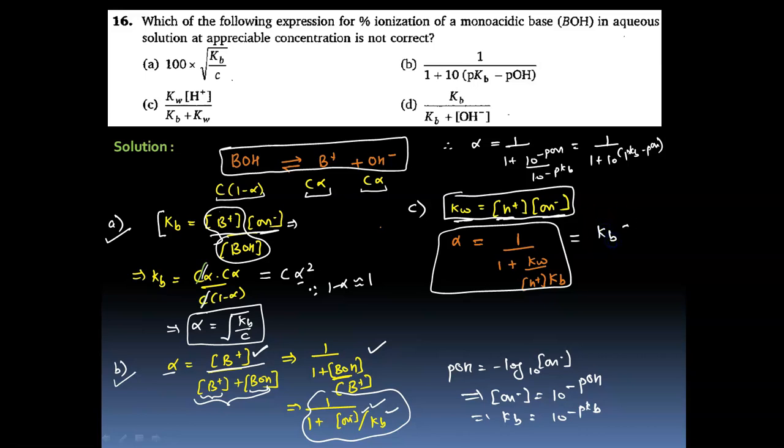This would be Kb into H+ upon Kb into H+ plus Kw, which is factually not matching with what is given in C. Therefore C is wrong, and hence C should be the answer. And D almost follows from this expression. If you just rearrange, you can see that it matches with D.